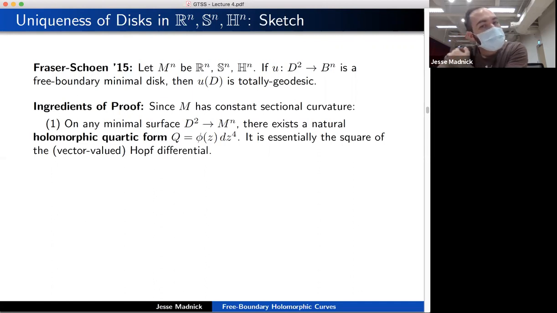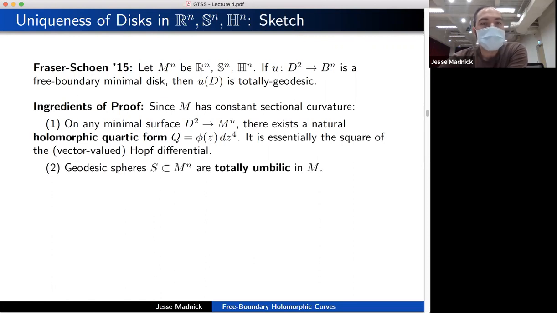So first, if you have a real space form, a manifold with constant sectional curvature, and you have a minimal surface, here I have a disk, but this is true for any minimal surface, then on the minimal surface there's this natural holomorphic quartic form, which I'm calling Q. I'm not going to go into details as to what Q is, but basically you take the Hopf differential, which is a quadratic form but vector valued, and you dot product the Hopf differential with itself, and that gives you Q. The important thing is that this is a holomorphic object when you have a minimal surface in a real space form.